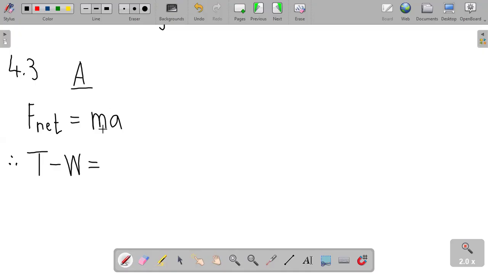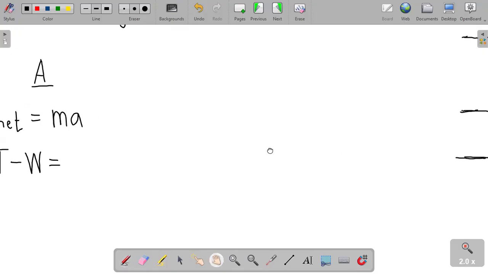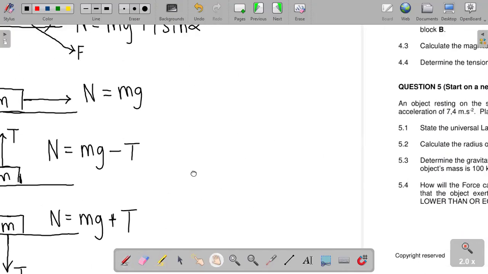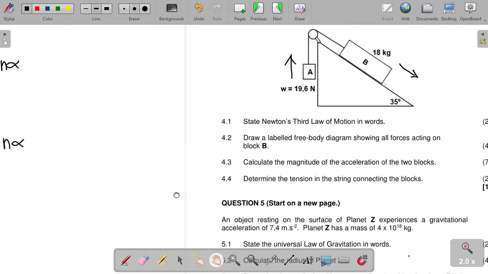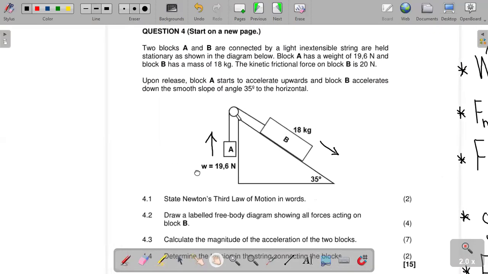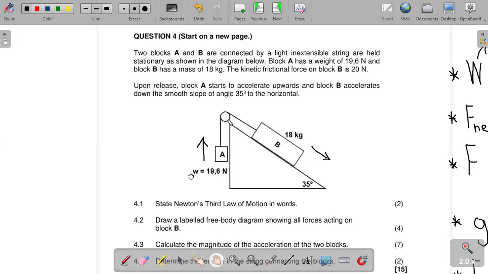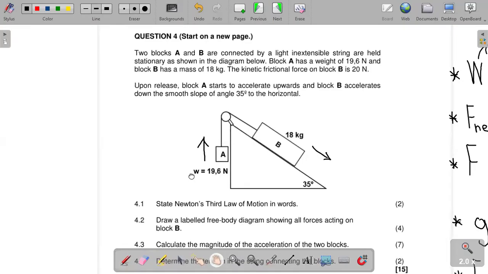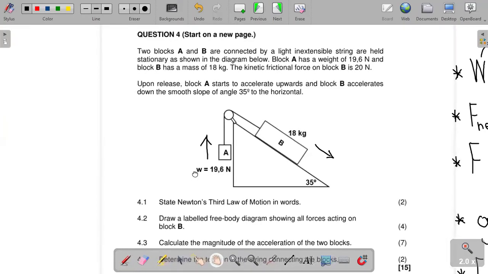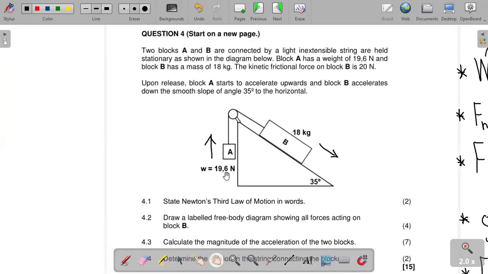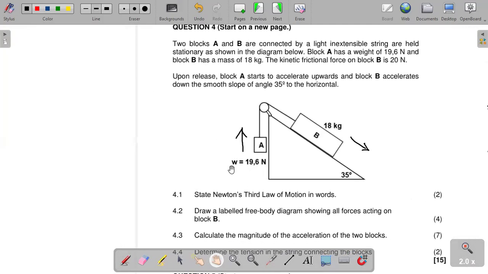So the mass here is how much? Block A, is it given? The mass is not given for block A, but they gave us the weight. If they gave us the weight, we can find the mass, isn't it?